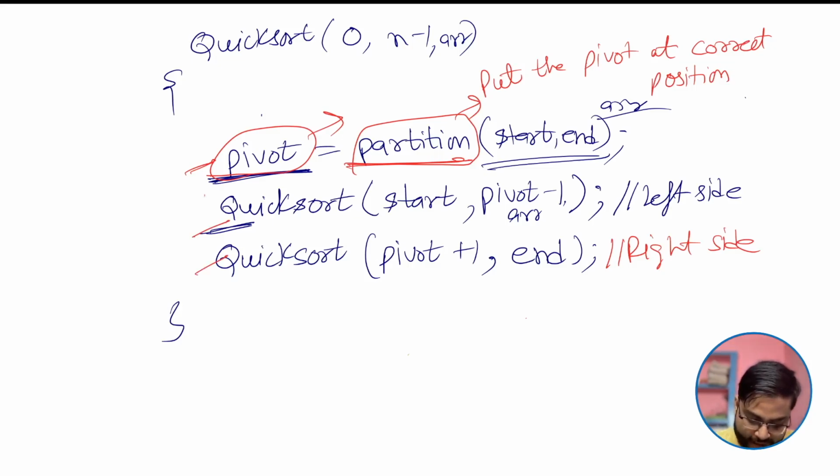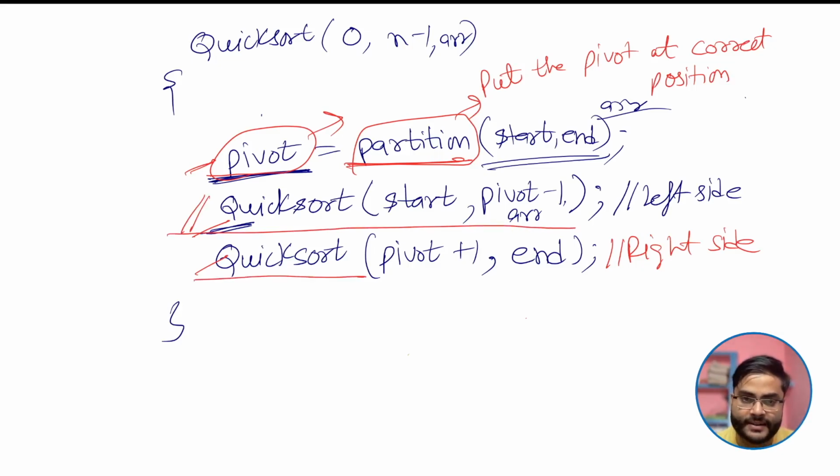So for sorting the left I will run quick sort for the left side, and for the right I will run quick sort for the right side. Again quick sort will run, and the partition algorithm will be called. The second time, my start will remain the same for the left side and end will be pivot minus 1. For the right side my start will change to pivot plus 1, and end will remain the same. It will keep on calling.